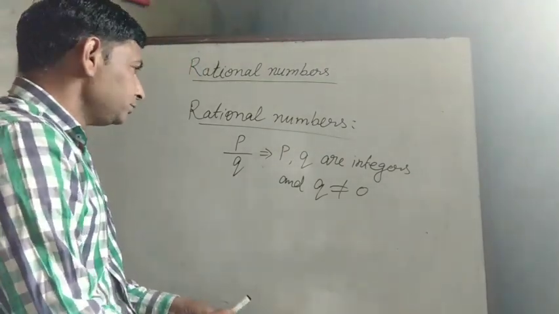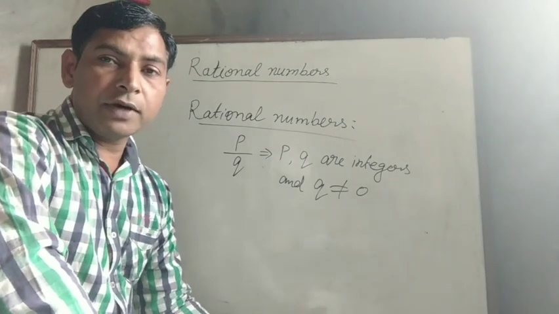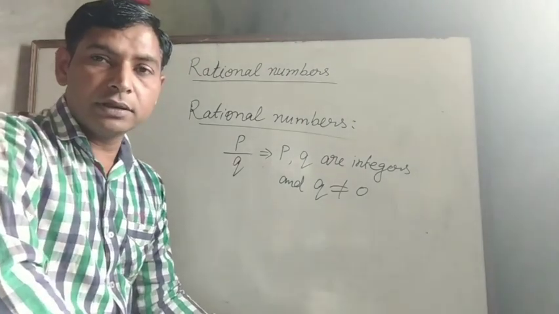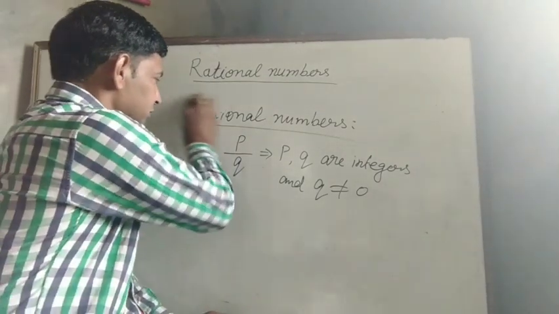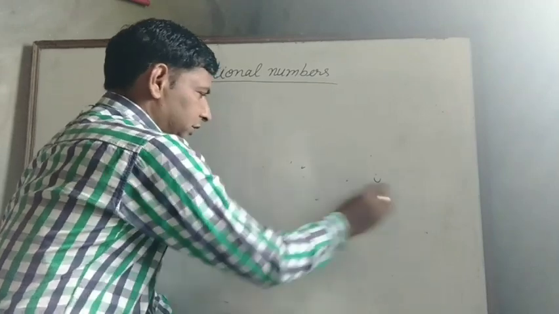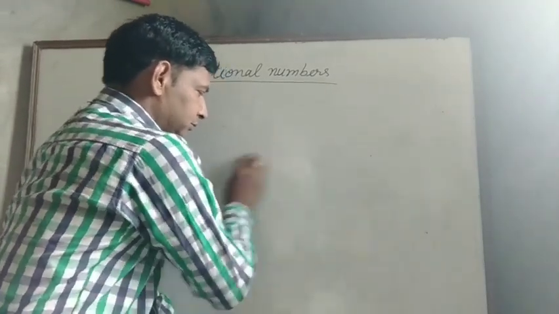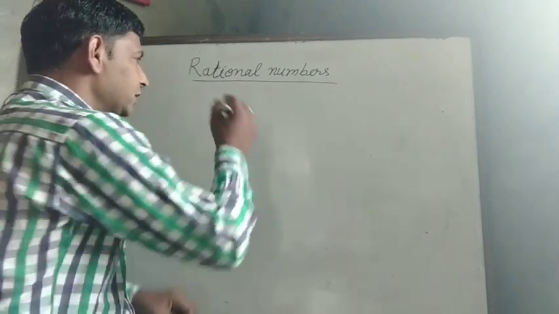Now, if we want to express a rational number on a number line, let us see how we can do it.